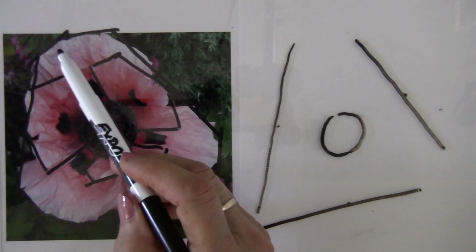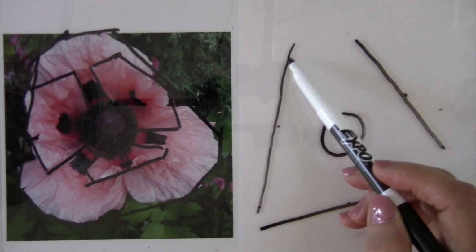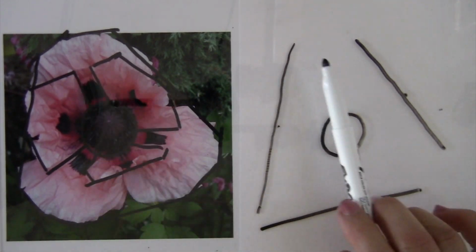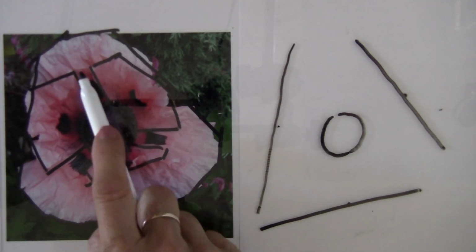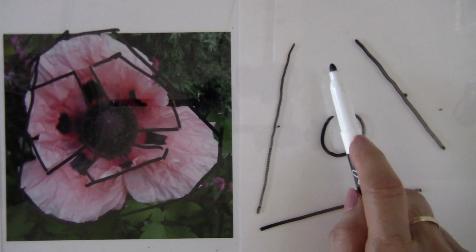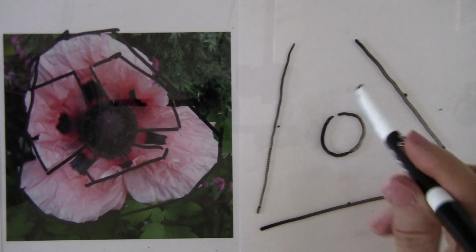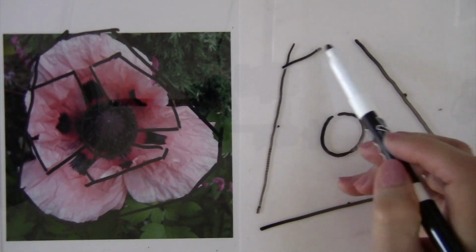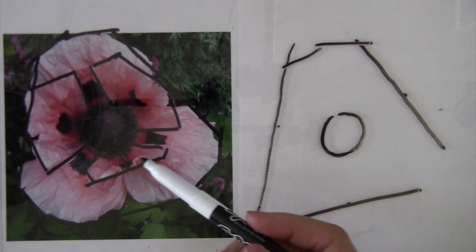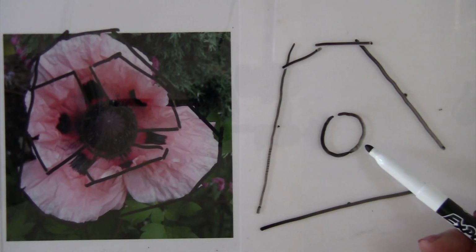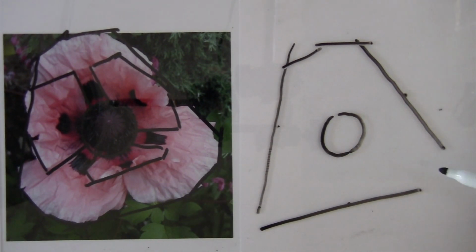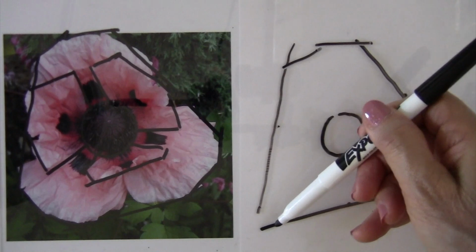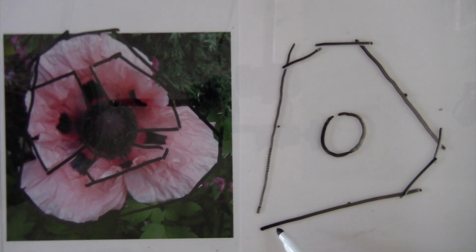All right, so now then we have this crown shape, which is about there, okay? So we're going to draw a little angle in here. This one is quite wide and short, so we're going to draw another angle here. And then here we have another angle here.